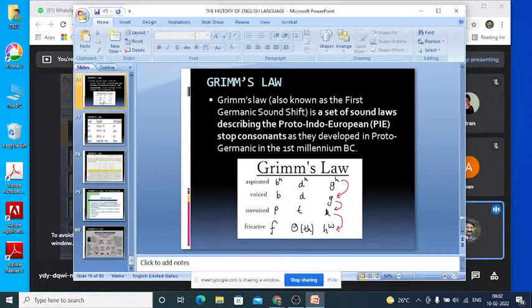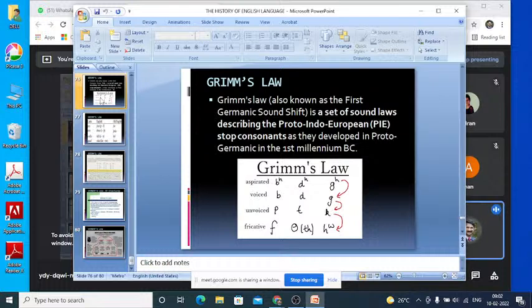So Indo-European p changed into f in Germanic languages, Indo-European t gradually changed into th, and Indo-European k changed into Germanic h. This is the kind of change that the studies of Jacob Grimm found.